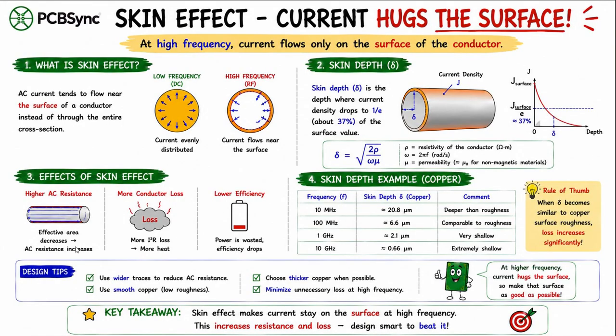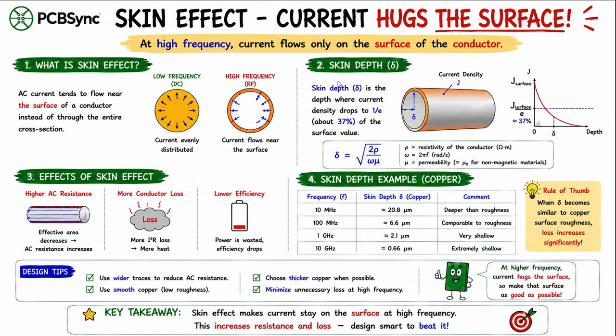A lot of people think current flows evenly through the entire copper trace. At low frequencies, that's true. But at high frequencies, current starts to get picky. It stops flowing through the middle and only travels along the surface. That's the skin effect.